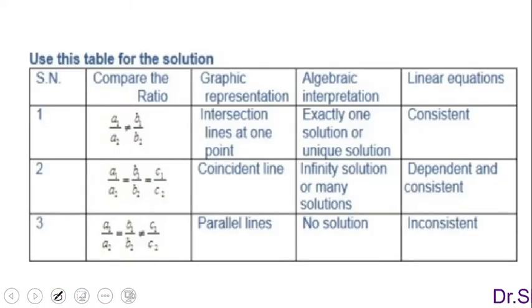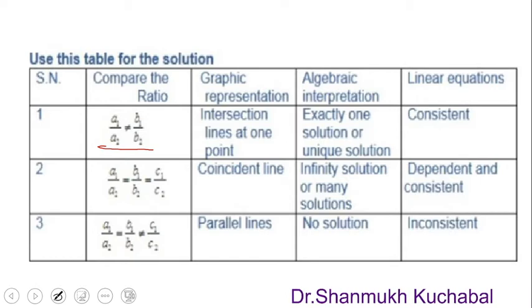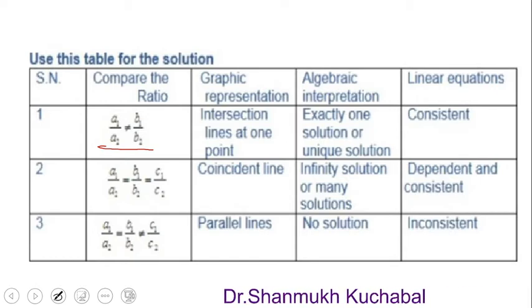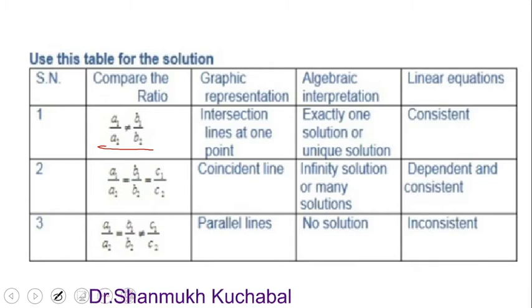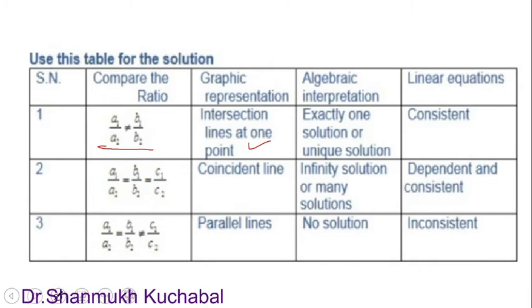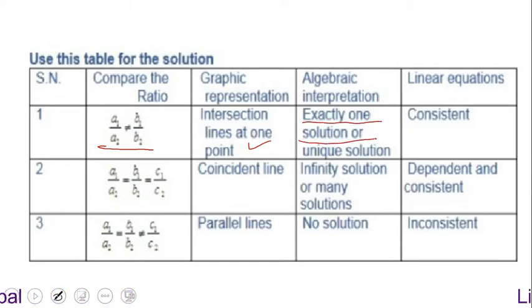If a1 divided by a2 is not equal to b1 by b2, then graphically these lines are intersecting lines, and we get exactly one solution, that is, a unique solution.